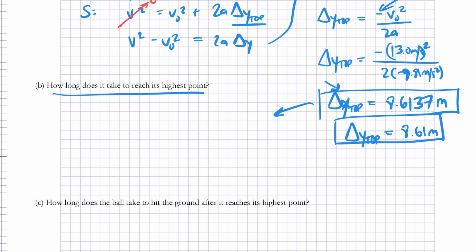For example, and I'll do this in red, we could do delta y equals v naught t plus 1/2 a t squared, because we know the acceleration, we know the initial velocity, and now we know delta y because we just solved for it. The problem with this is that it's a quadratic, and while you have to know how to solve a quadratic, nobody wants to do that if they can avoid it.